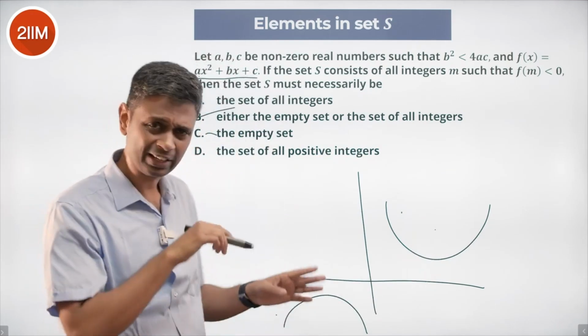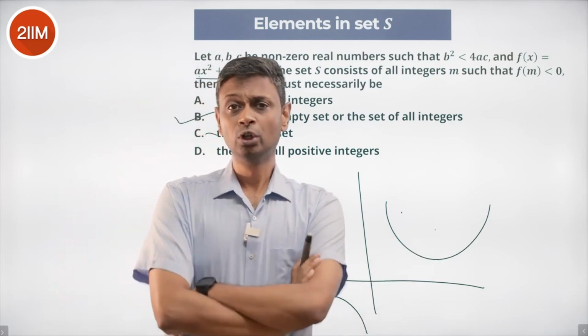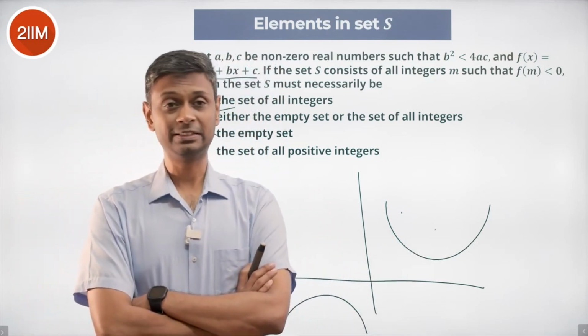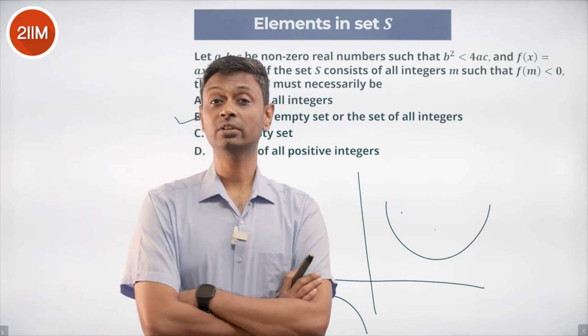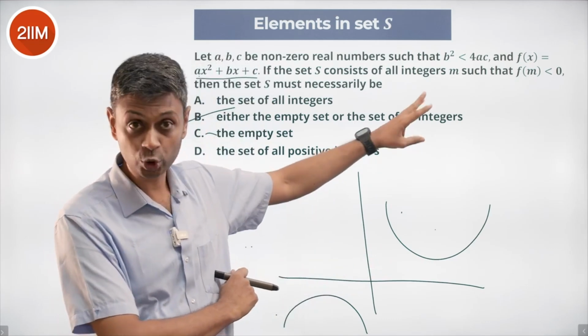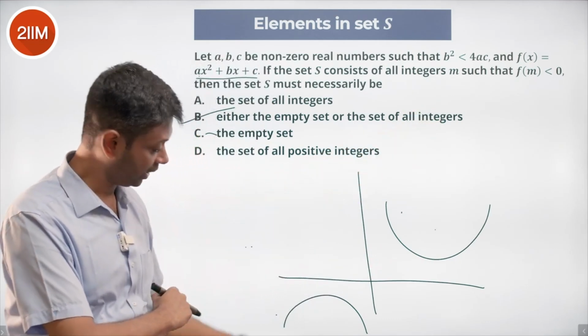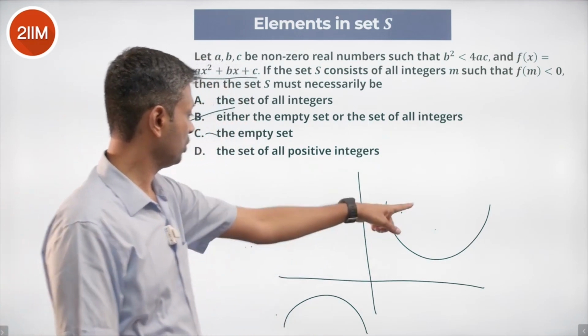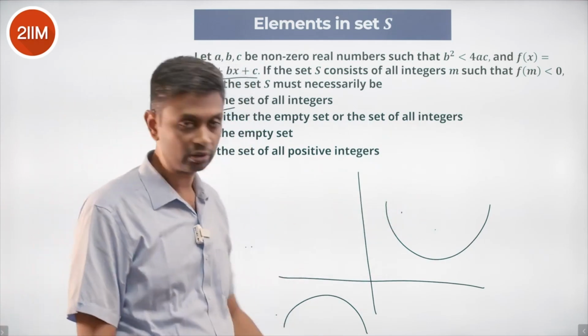If specifically a curve like this has no roots, then this curve cannot touch the x-axis. That means it is either completely above the x-axis, U-shaped, or completely below the x-axis, umbrella shaped or inverted U-shaped. So in this case it will be a null set, in this case it will be all integers.